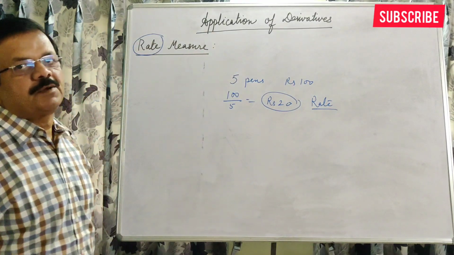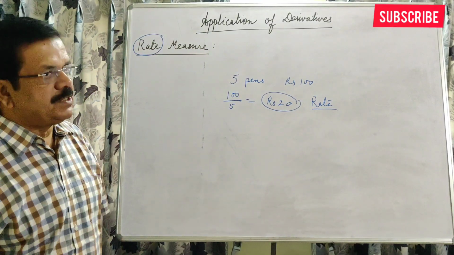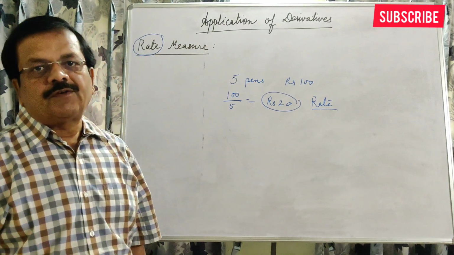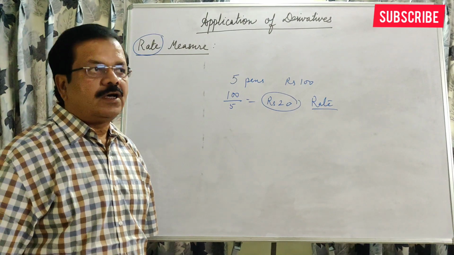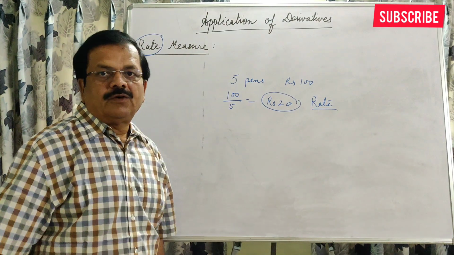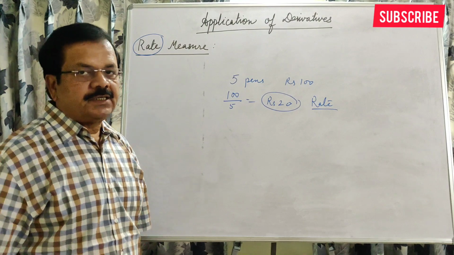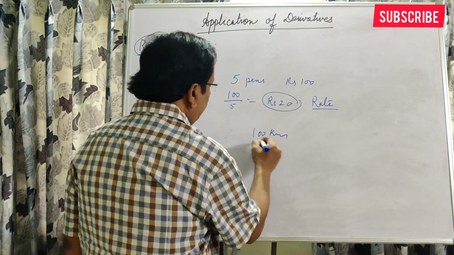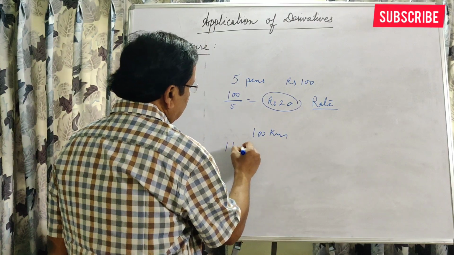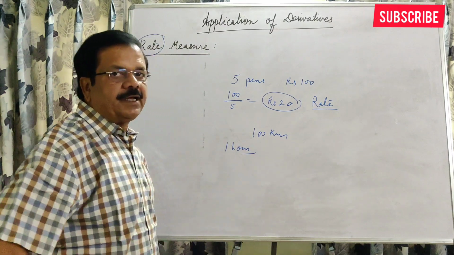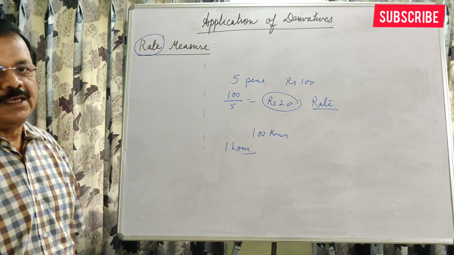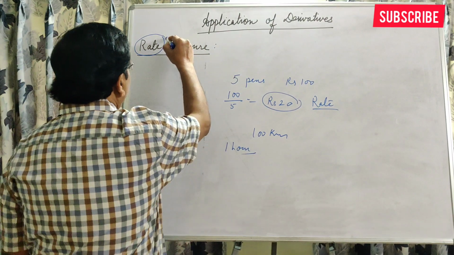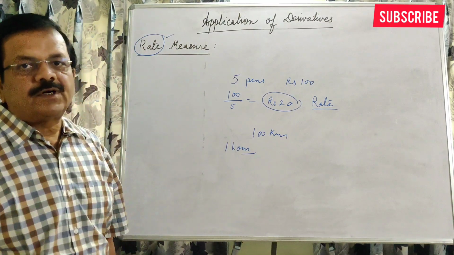Or suppose you are going to purchase vegetables or anything, that will also be a frequently used rate. Or suppose you are going somewhere and covering a distance of 100 kilometers in 1 hour, it means the rate at which your lorry is moving is 100 kilometers per hour, and this way we are using this word rate in our day-to-day life.